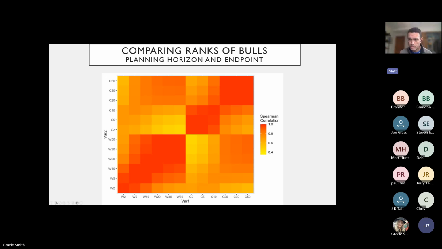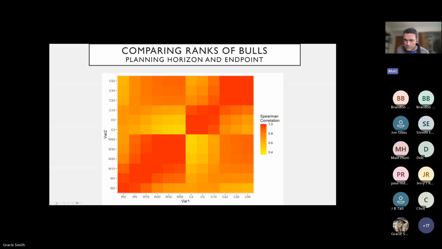So shorter term planning horizons more closely mirror each other, longer term planning horizons more closely mirror each other. And that's again because in longer term planning horizons, I may put more emphasis on things that impact the cow herd. With shorter term planning horizons, I put more emphasis on revenue traits. So really the terminal calves.